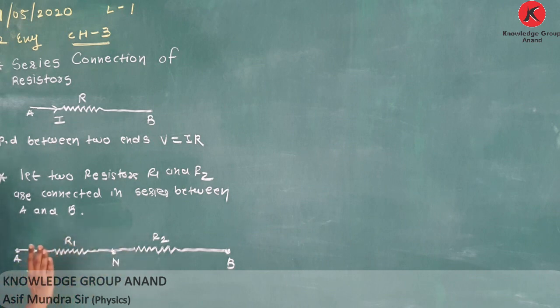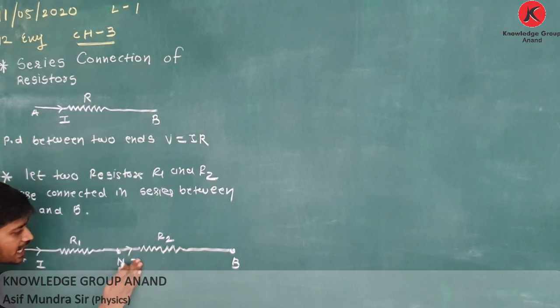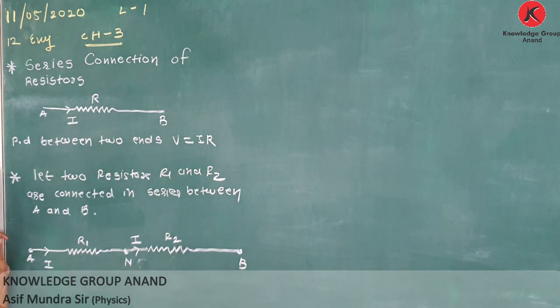Means charge or current entering this resistor is equal to current leaving this resistor, because current means flow of charge, and according to law of conservation of charge, charge is never created or destroyed. Charge entering at some point is equal to charge leaving at that point. So if current I enters this resistance, current I leaves this resistance, and current flowing from the second resistance is the same, according to law of conservation of charge.